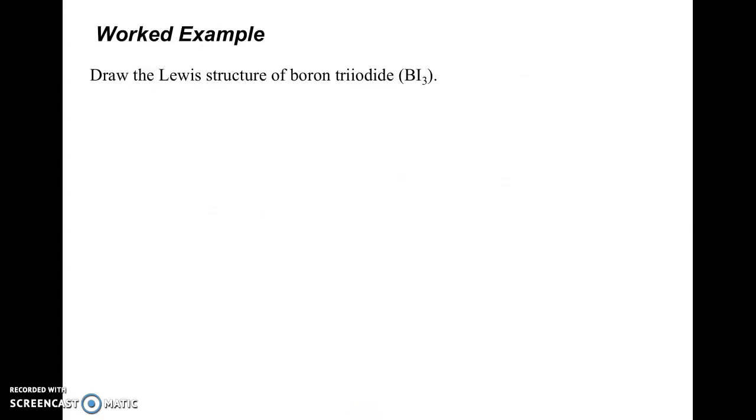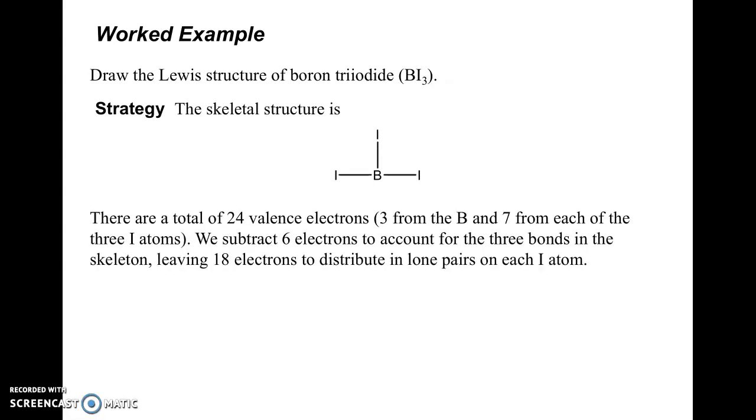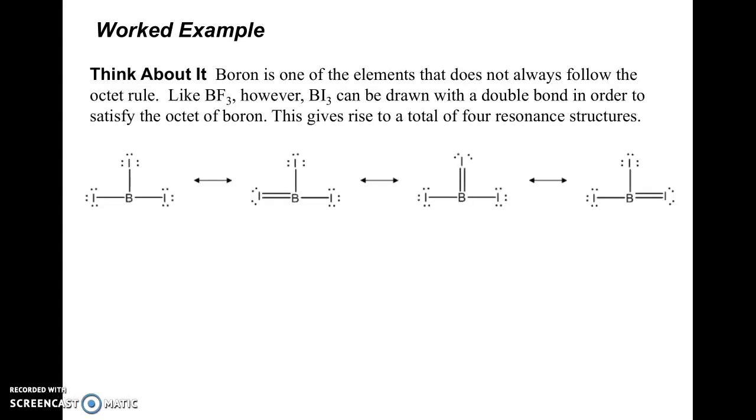All right, so here's an example. We've got several here. We're going to draw the Lewis structure for boron triiodide. It's a very simple structure. There's only a total of 24 electrons, 3 from the boron and 7 from each of the iodines. We subtract 6 electrons for the 3 bonds. It leaves us 18 to distribute as lone pairs, and they go around iodine, and the boron is very happy with just 3 bonds.